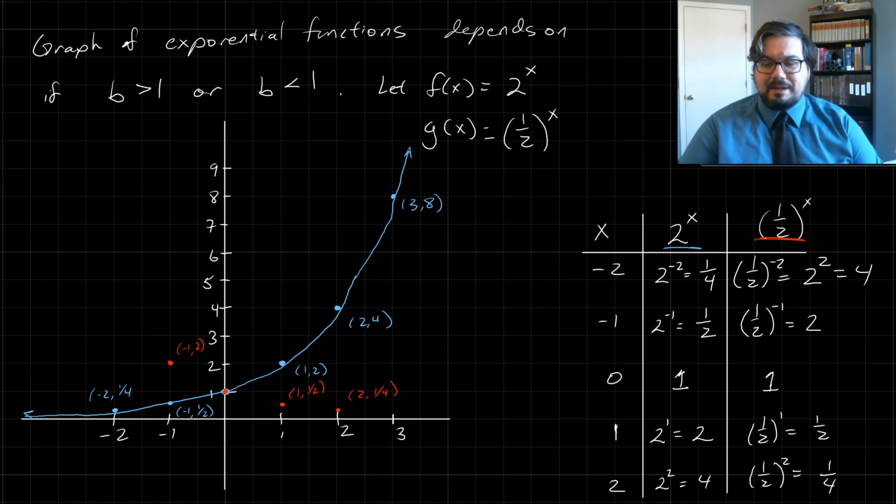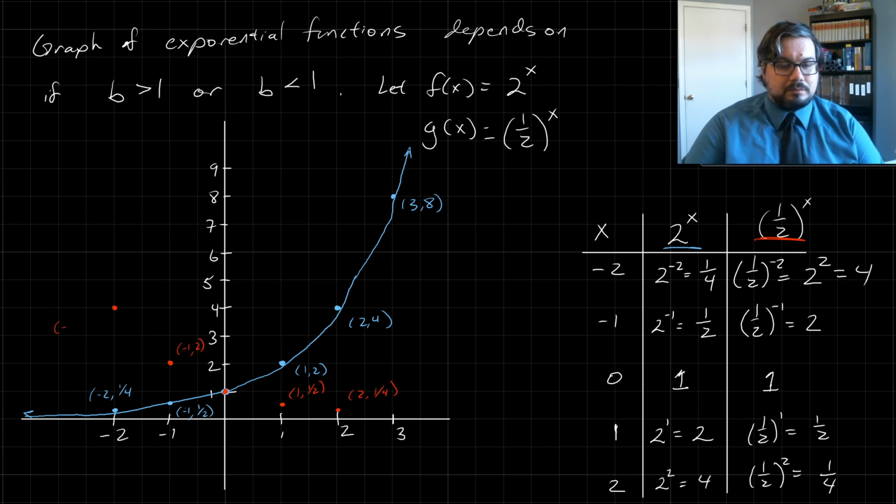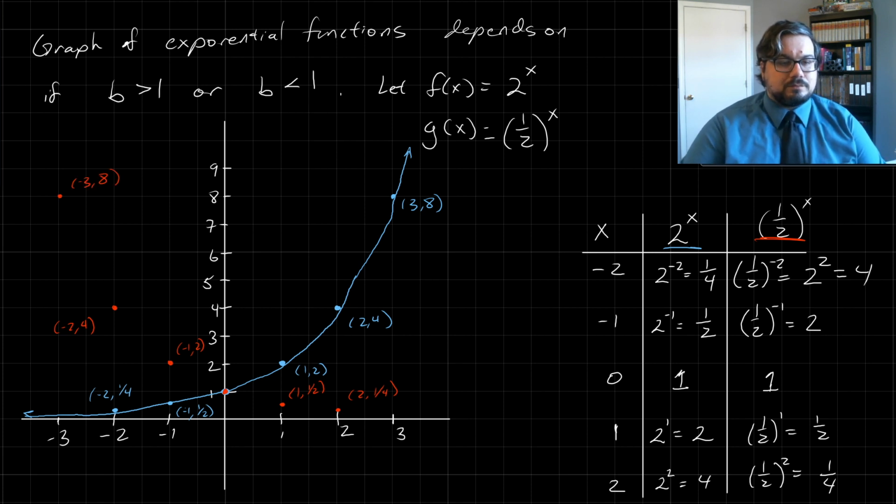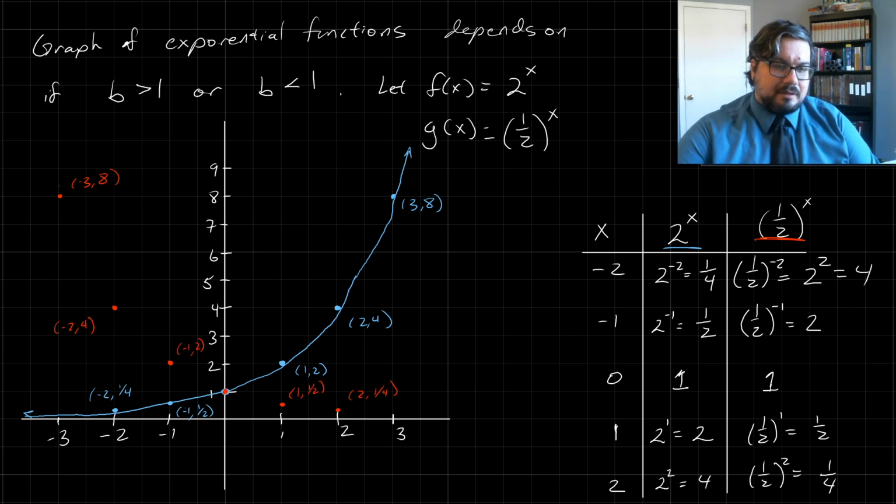And we have the point -2, 4. And furthermore, if we go back one more spot, go to -3, then we will in fact get the point -3, 8 for the function g.